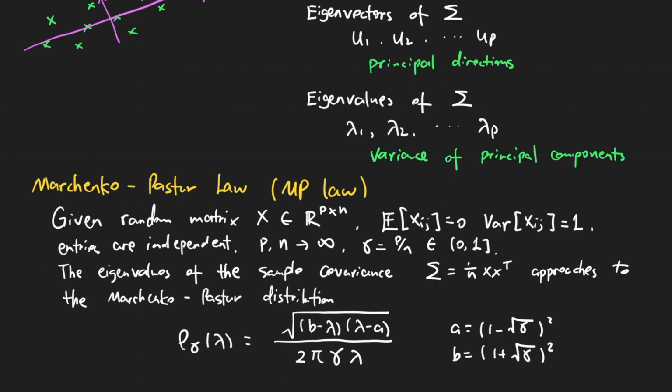You'll notice that for this density to be meaningful, lambda needs to stay between a and b. Outside this region, there is no density function.